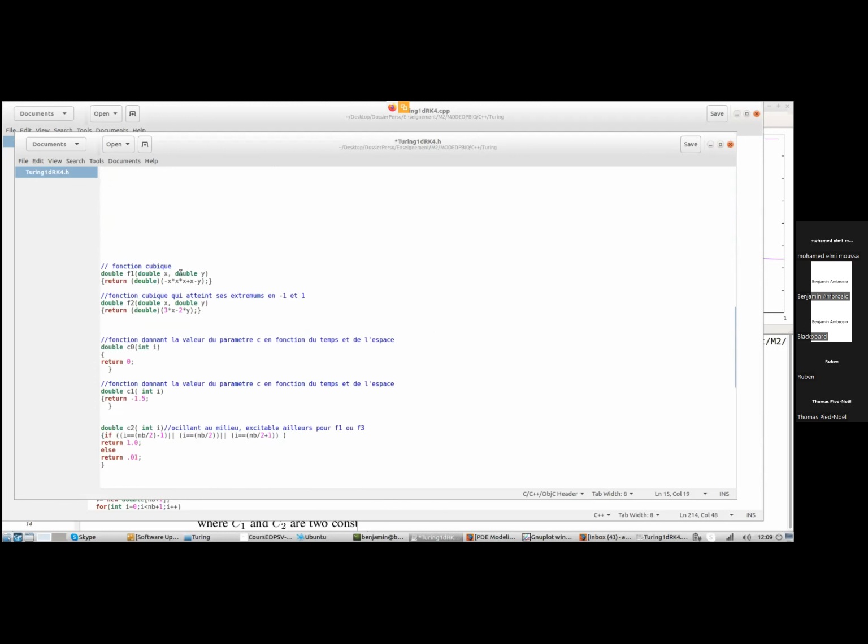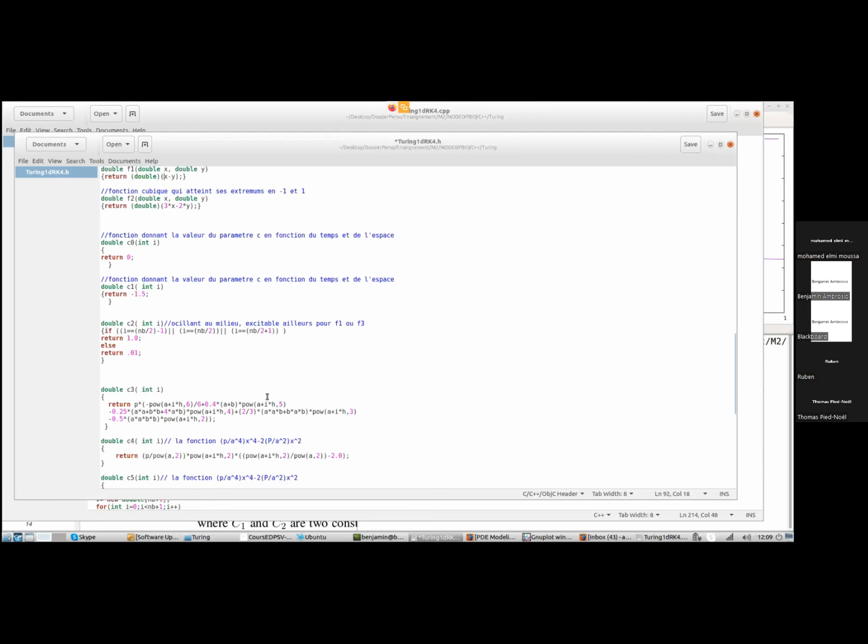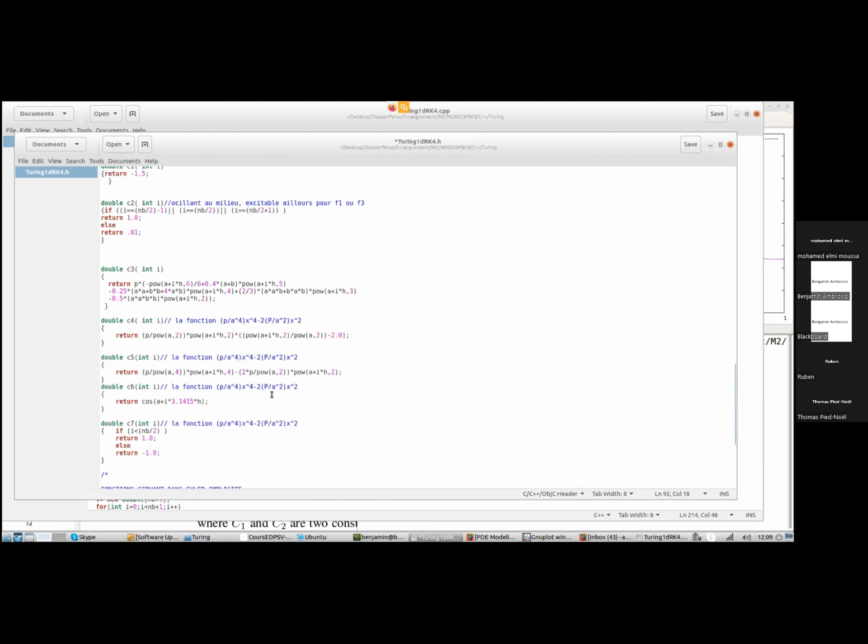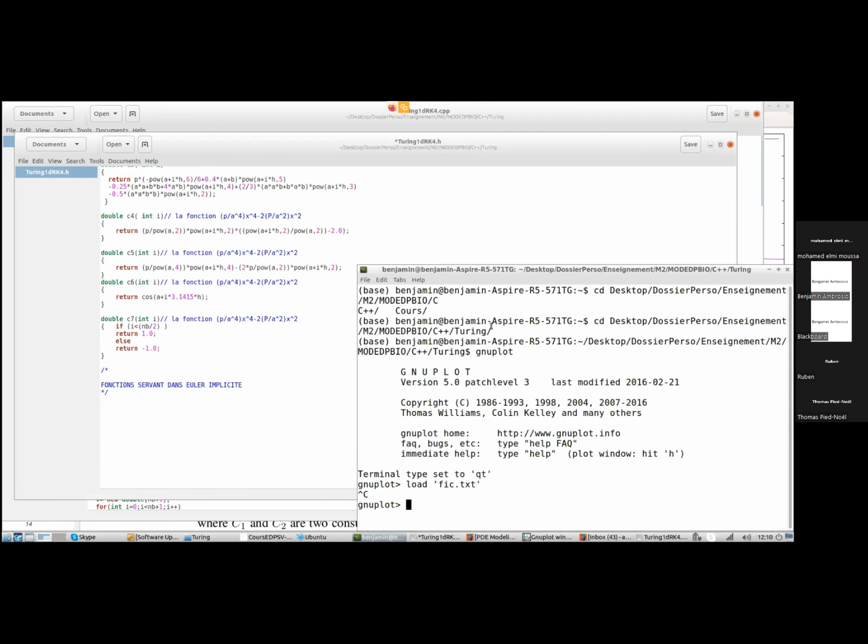Here I define my function. So this is not exactly the same. My system was u minus v and 3 minus 2v, the reactive part. Okay, I guess I'm good. So now I'm running the program.